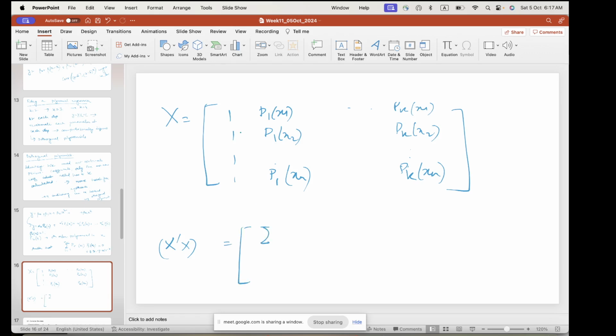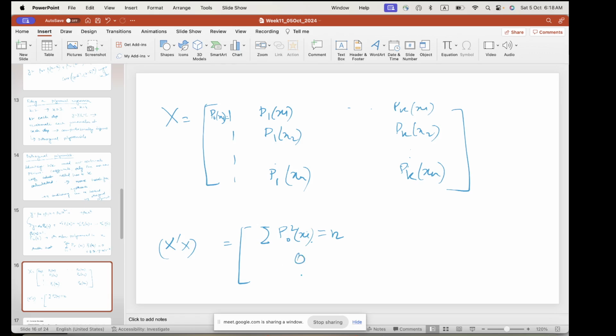summation. So this is actually p naught x1, okay, 1. P naught x2 is also 1. So we'll have here p naught square xi, that is essentially equal to n. And since PRPS, if R is not equal to S, then any pairwise cross product terms will be 0.